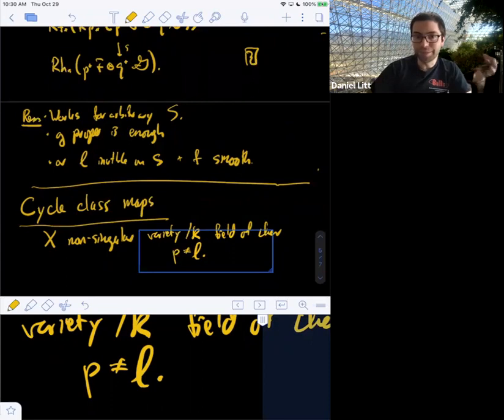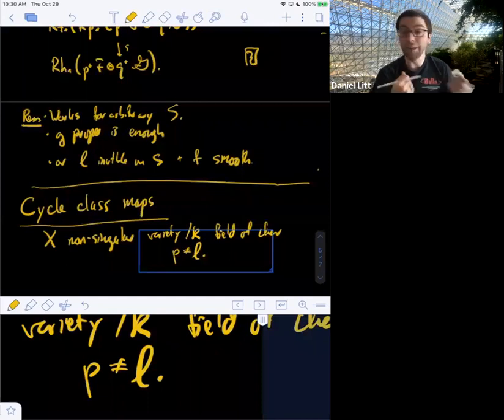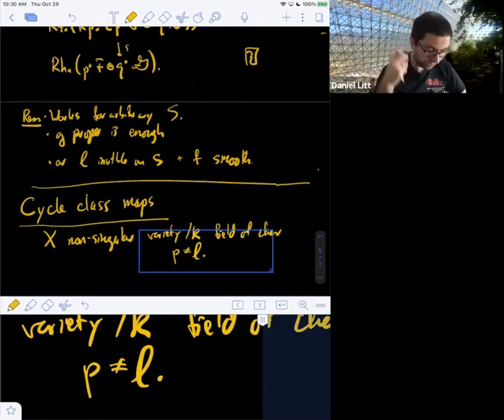But de Rham cohomology satisfies some kind of Poincaré duality, so a functional on de Rham cohomology in degree 2d is the same as an element of de Rham cohomology in degree 2 dim X minus 2d. So I just described how to associate an element of de Rham cohomology to a subvariety of your variety. We're going to do that now in l-adic cohomology.